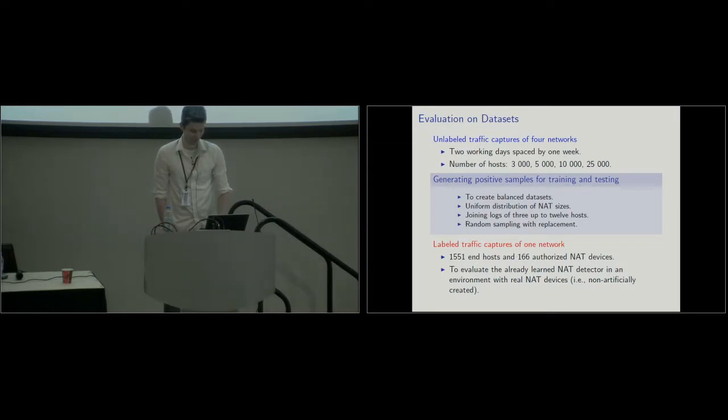Once we learned the detector on this training data, we also test it on this data, but from the second day. But what is more important, we also test it on the labeled traffic captures from a real network. We did it because we wanted to see whether the detector learned on artificially generated samples can be used to detect real NAT devices.